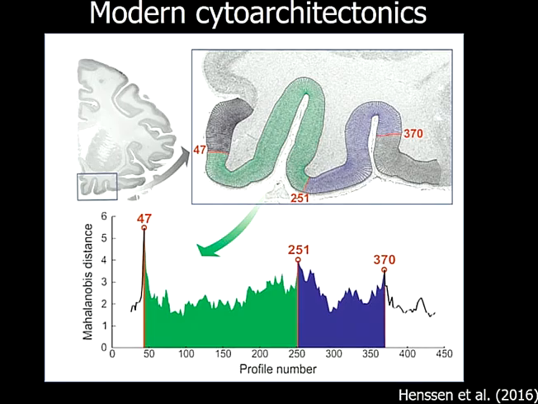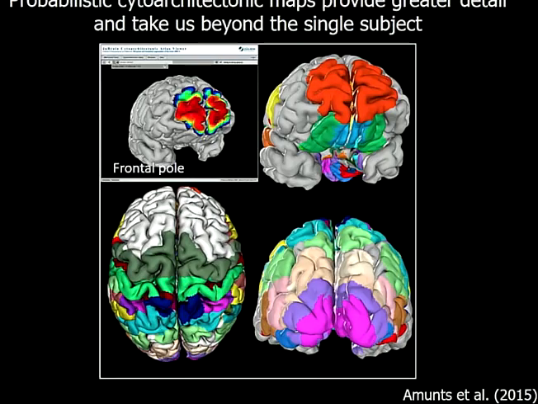So what we can do is we can plot here a metric of the density of different cell types in the cortex, and we can look for, again, these boundaries, these sharp transitions, using a mathematical model now instead of using our eye, as Brodmann did, and then we can look at that across multiple subjects.